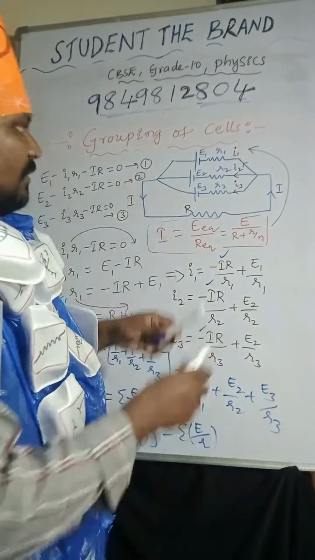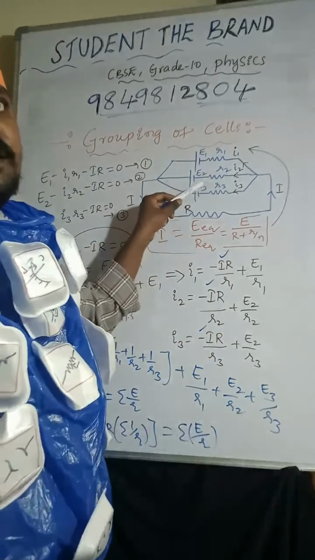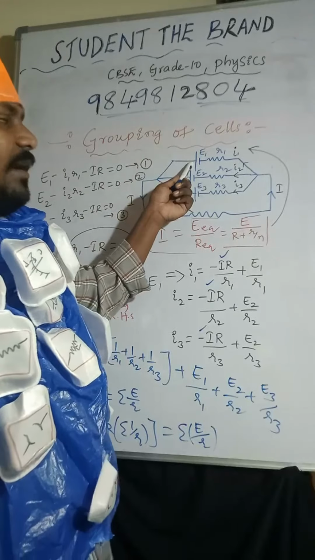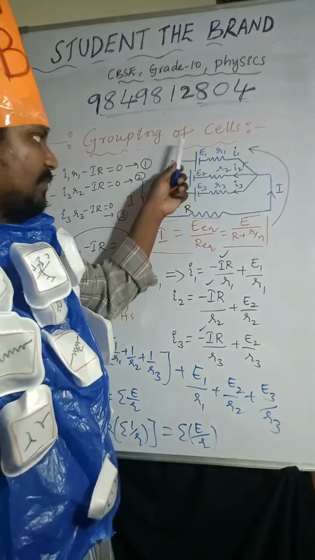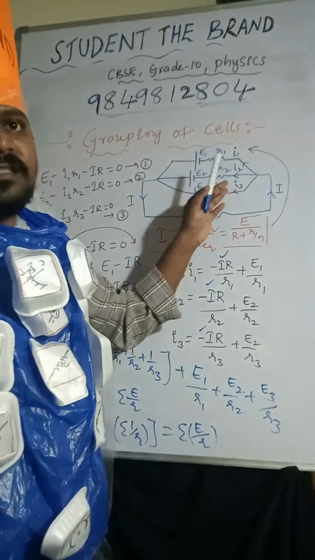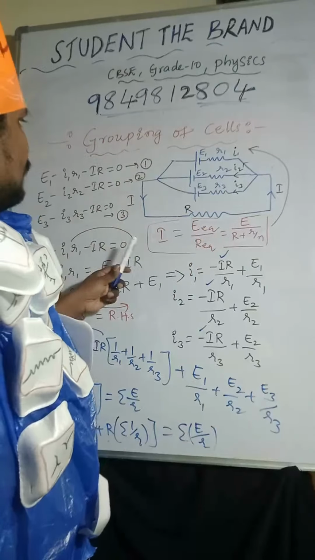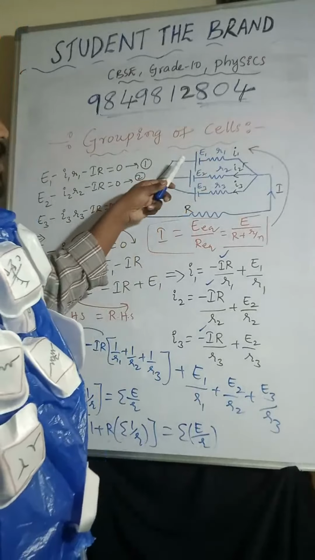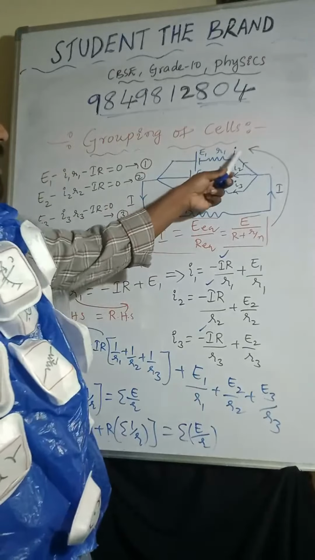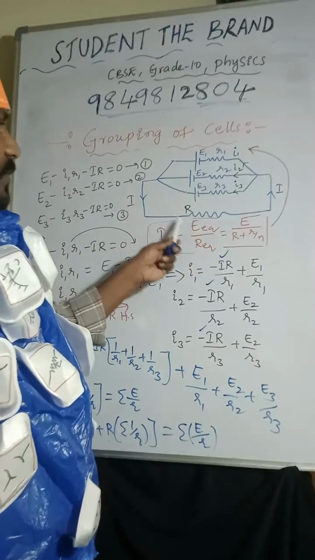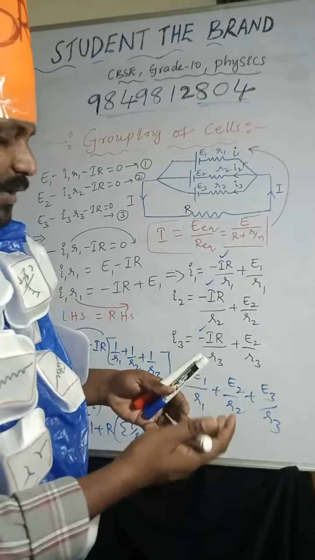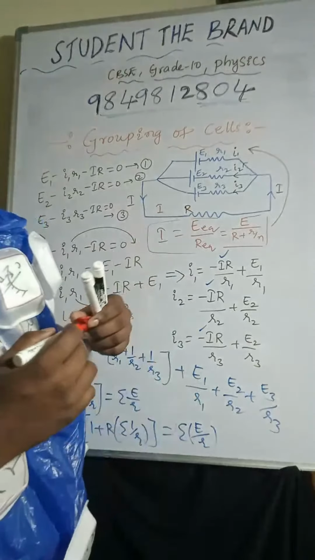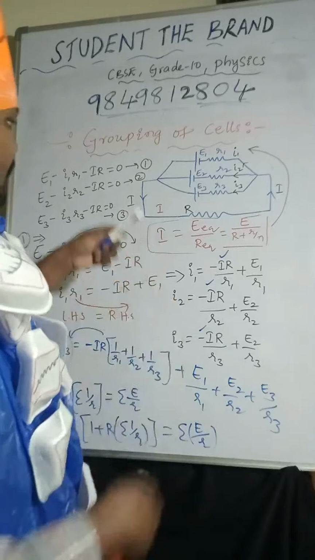Check once here. Different cells are connected, 1, 2, 3, with different EMFs E1, E2, E3 and different internal resistances. Current is moving, so we need to apply Kirchhoff's loop law. Positive EMF minus I1 R1 minus the I R term, which is negative because it flows in the current direction.